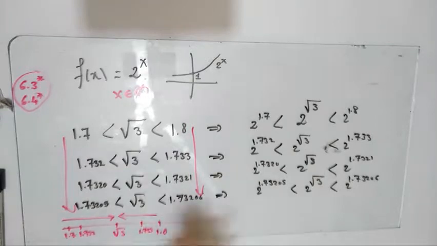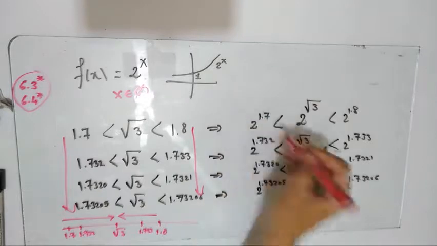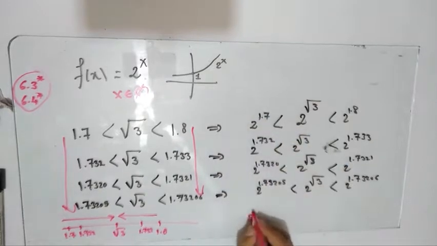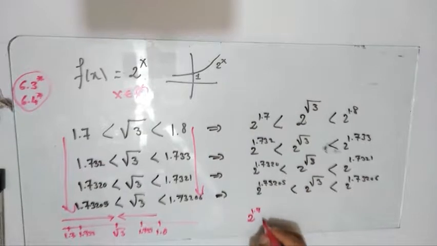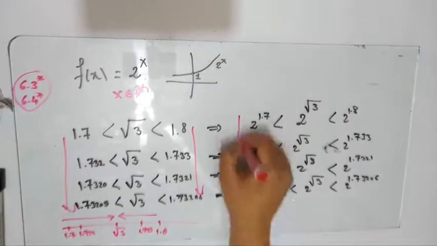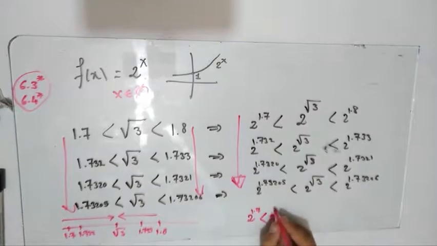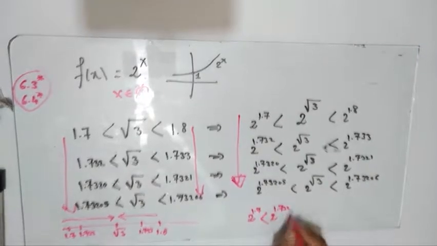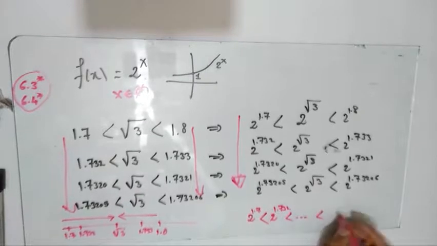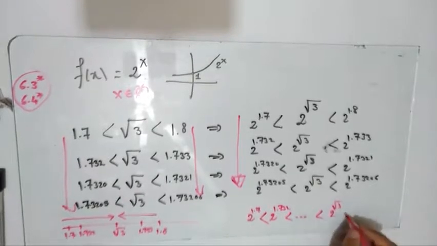As for the values here, 2 to the power 1.7 is less than 2 to the power 1.732, and so on, up to 2 to the power square root of 3, which is here.